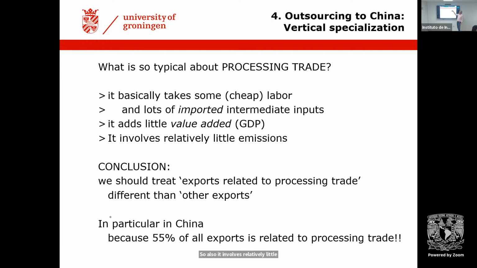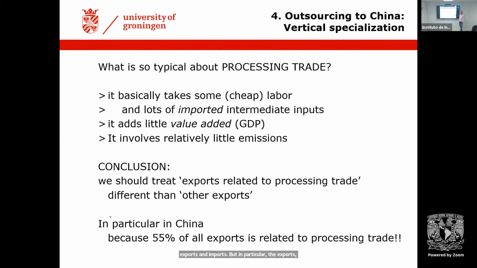Now this production process is completely different from an ordinary production process in China. So the idea is that we should treat these exports and imports, but in particular the exports related to processing trade, differently than other exports.